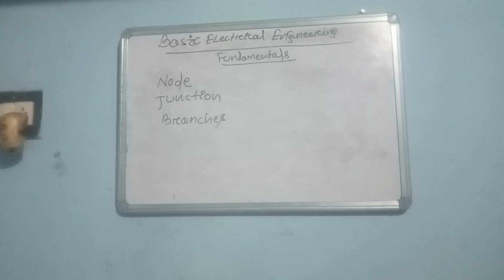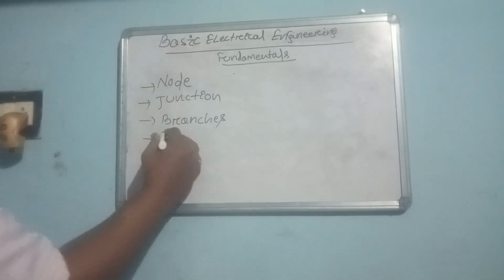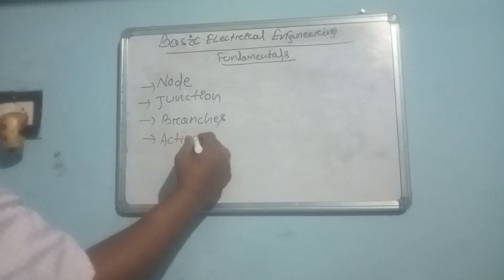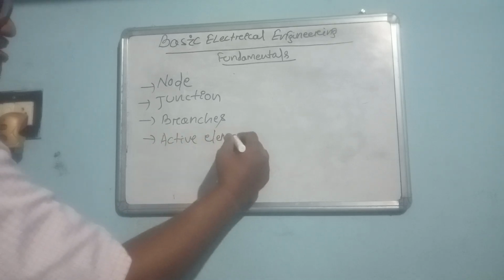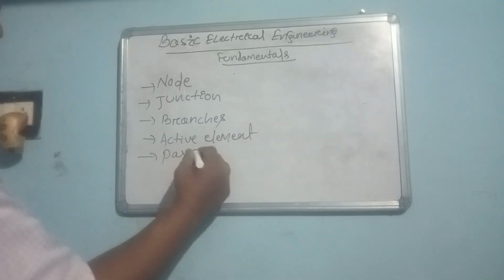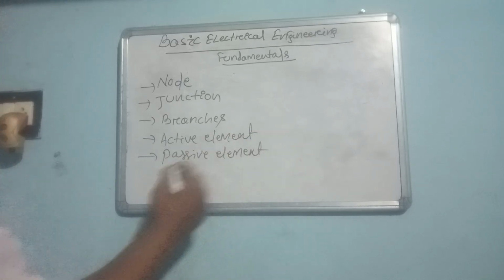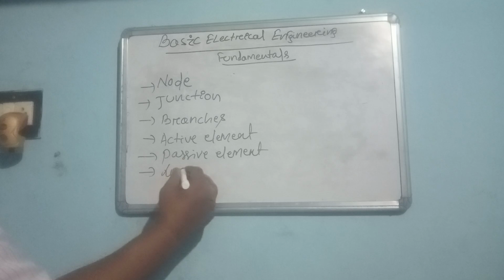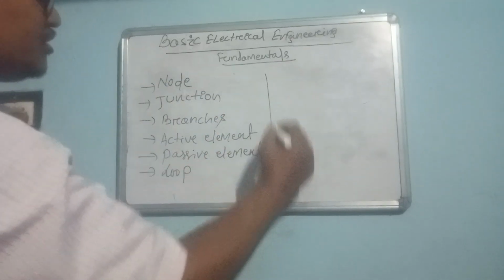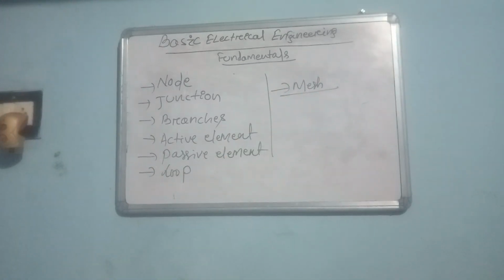Then what is an active element, and what is a passive element? Next, what do you mean by loop and what do you mean by mesh? These are the common things you should know in basic electrical concepts.